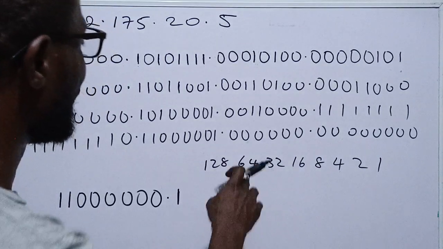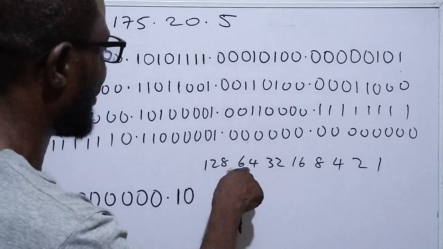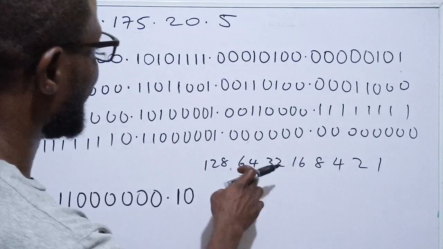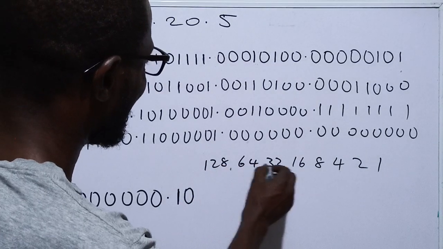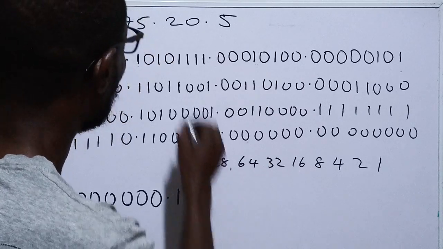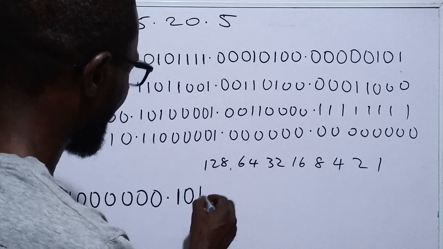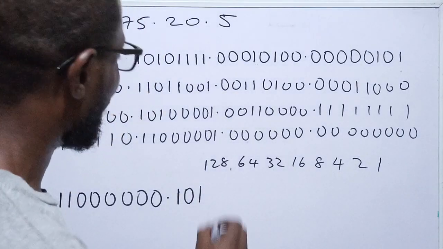Can 47 subtract 64? No. Can 47 subtract 32? Yes, because after 64 is 32. So 47 minus 32, remainder 15, then you put 1 here.